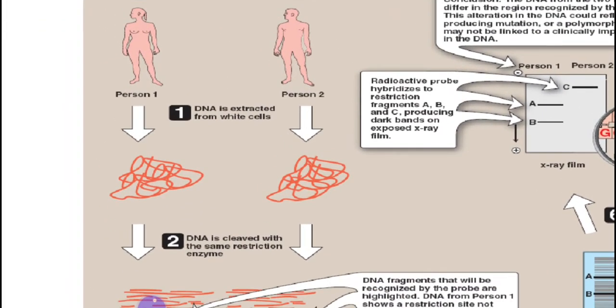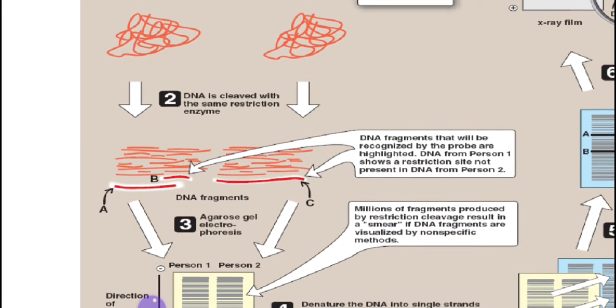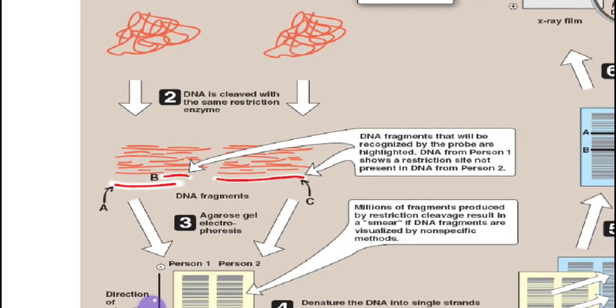First of all, these are the two persons. We obtain the DNA from their white blood cells. So we have two different types of DNA, and when we cleave this DNA with the same restriction enzymes, their pattern of restriction is different.